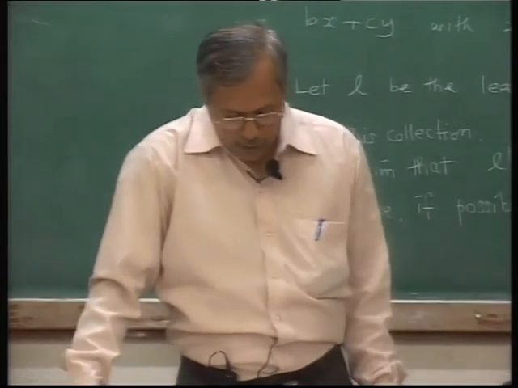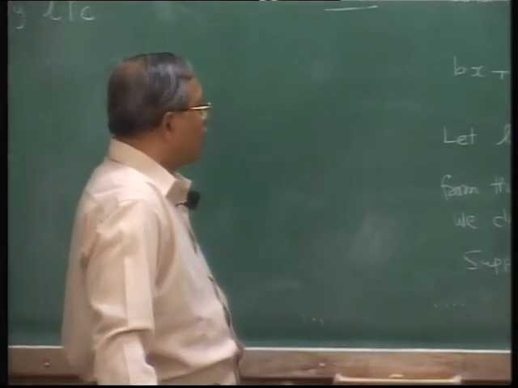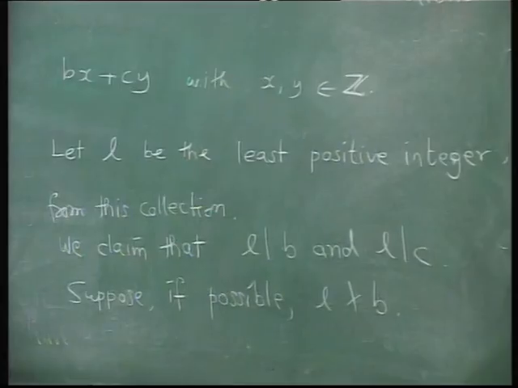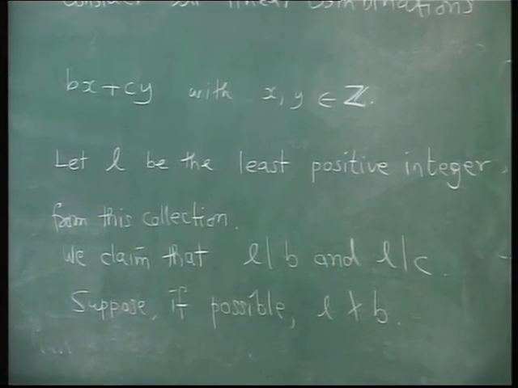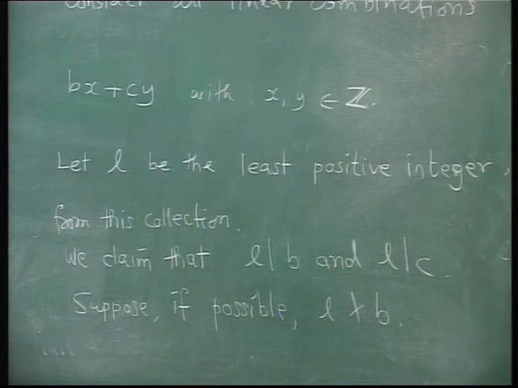Now, suppose we have G to be the GCD, then we have to show that G is equal to L. L is a combination of the given numbers. If you show GCD is L itself, then the GCD is a combination.